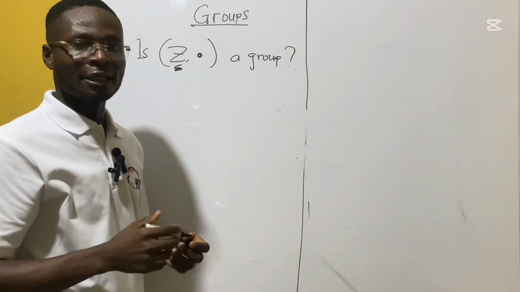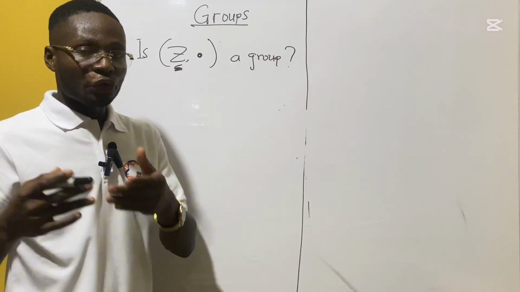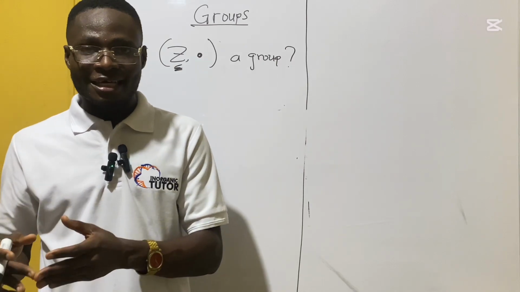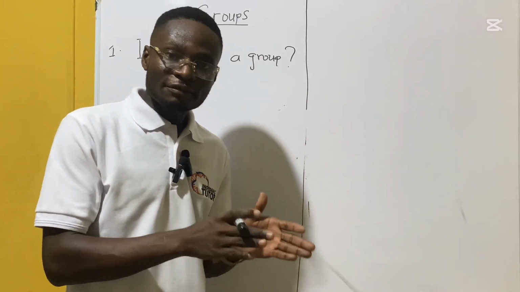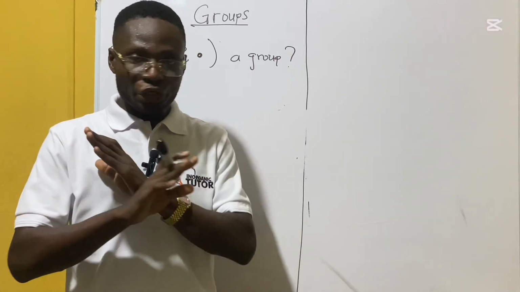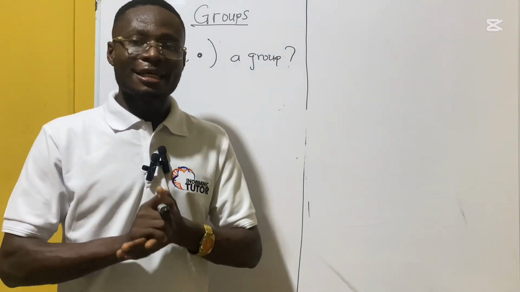So here we have this symbol, which is Z. What do you know about Z? Integers, right? An integer is a whole number that can be either positive, negative, or zero. We don't accept fractions or decimals in integers.